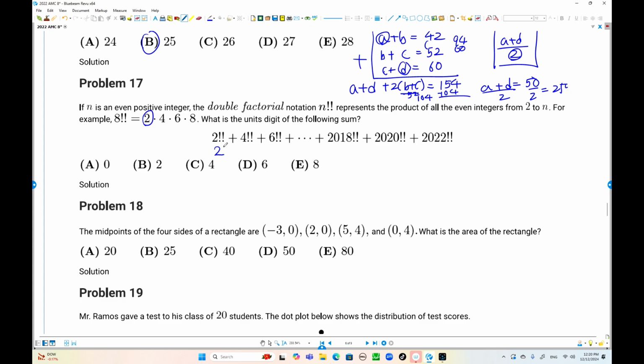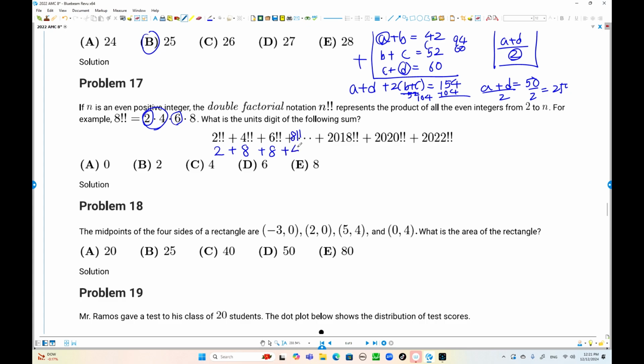4 double factorial, how much? Here, 2 times 4 is 8. Unit digit is 8. 6 double factorial is times 6 up here, right? Okay, 8 times 6, just find out the last digit, right? So 6 times 8 equals how much? 48. Unit digit is 8. 8 double factorial, what is that? 8 times 6 double factorial is 384, right?